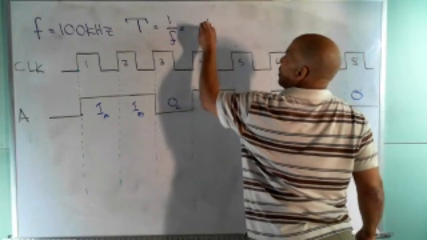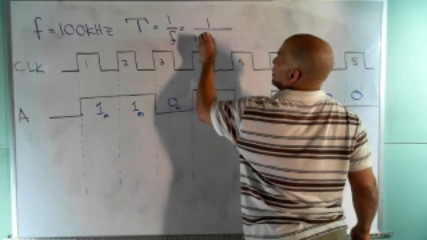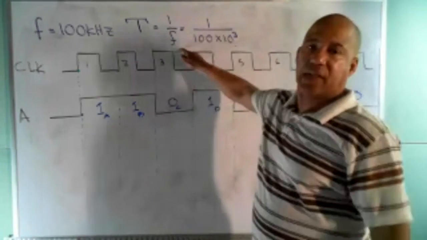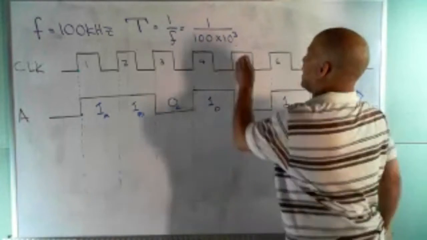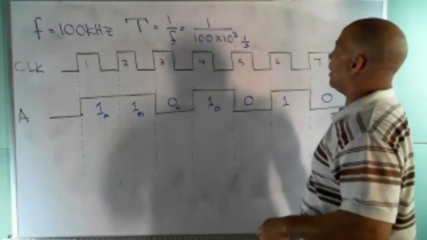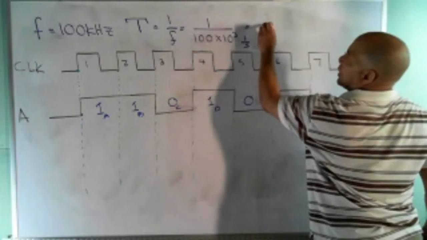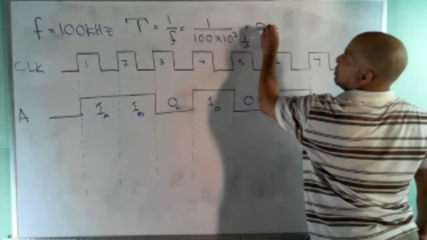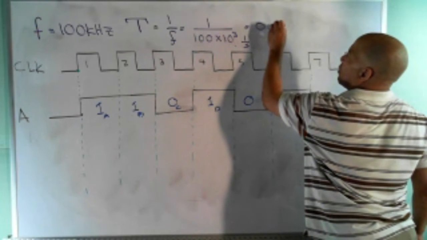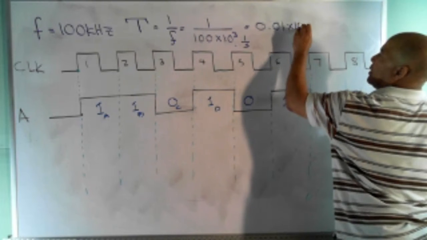So this is 1 over 100 times 10 to the third. Remember, frequency, even though it's in hertz, is really inverse seconds, 1 over seconds. I like for units to work out. If I divide 1 by 100, I get 0.01 times 10 to the minus third.